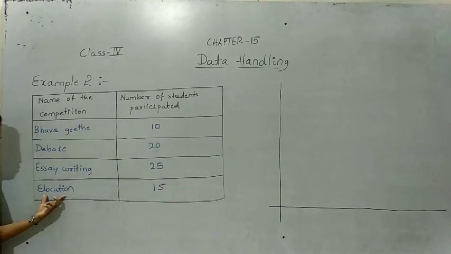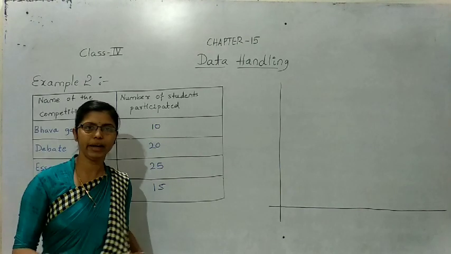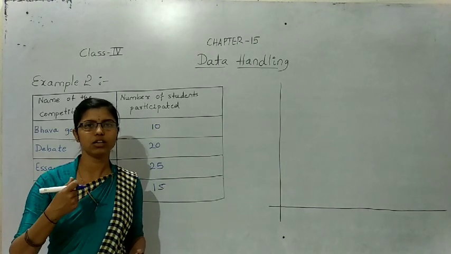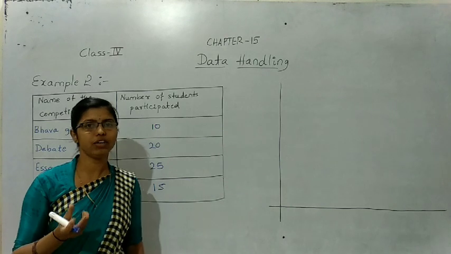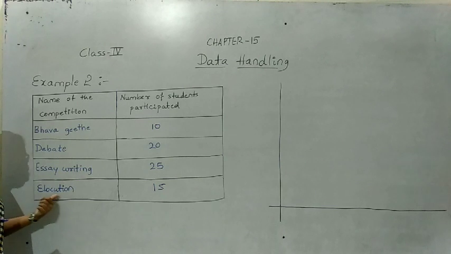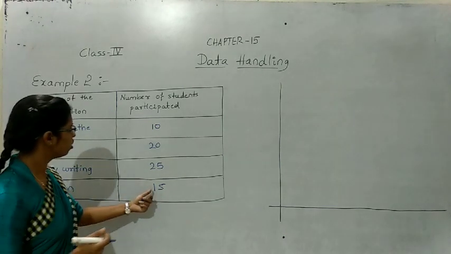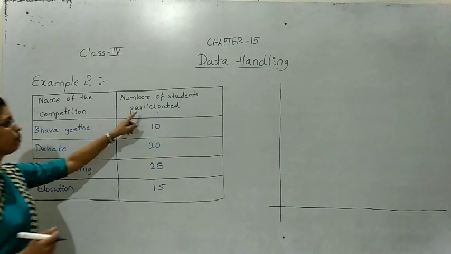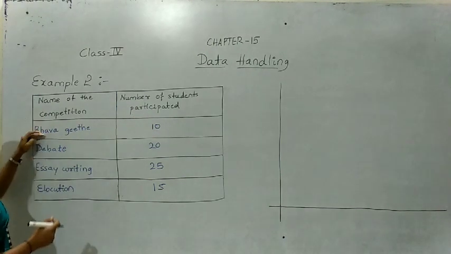The meaning of elocution is that this is also one type of debate competition, like speaking in English. That is what we call speech. So this is elocution, and 15 members participated. These are the numbers of students who participated in the competitions.